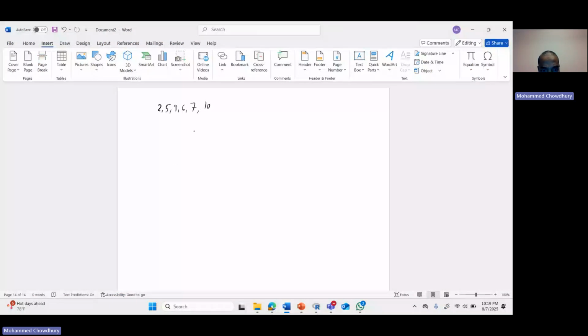The mean is x bar equal to x1 plus x2 plus x3 plus x4 plus x5 plus x6 divided by 6, the number of observations.